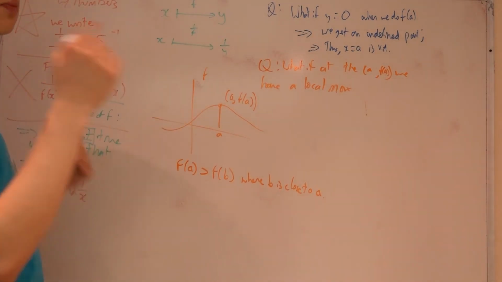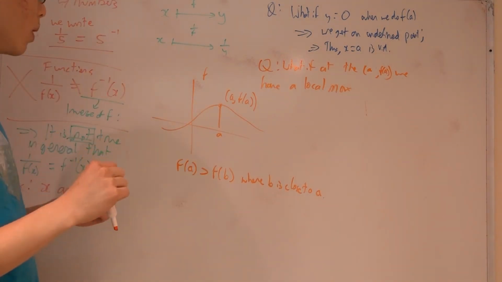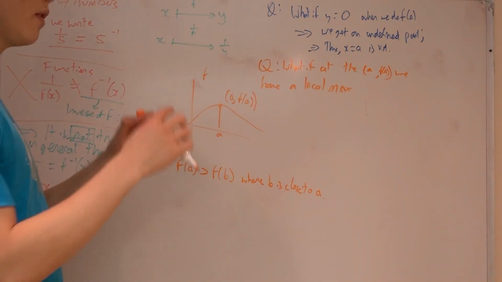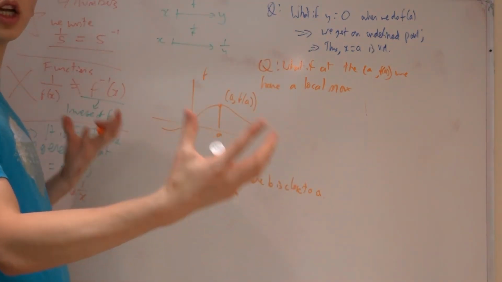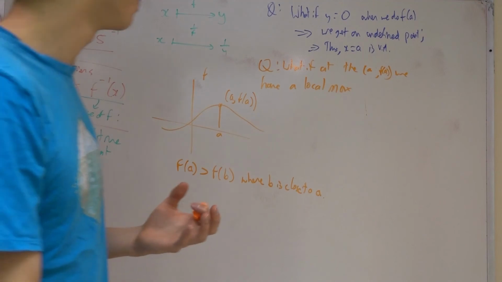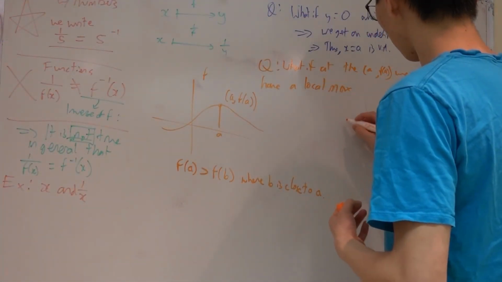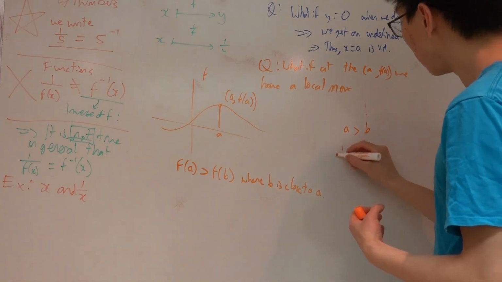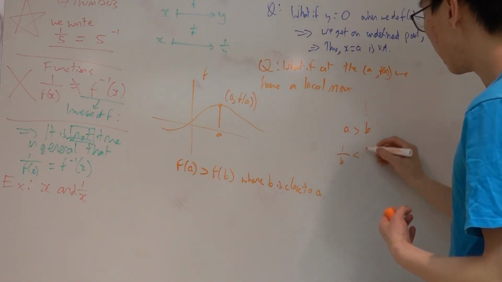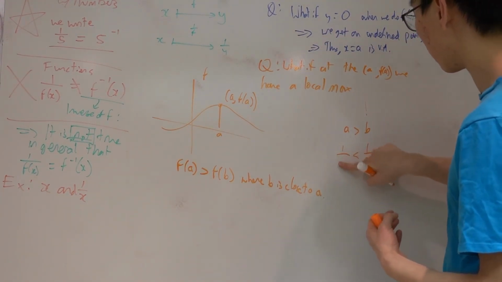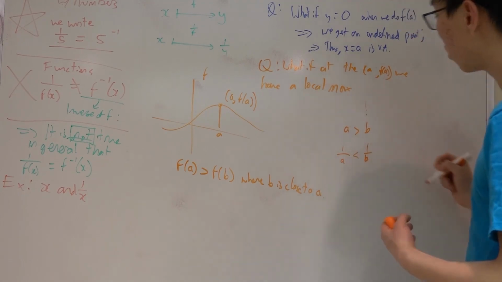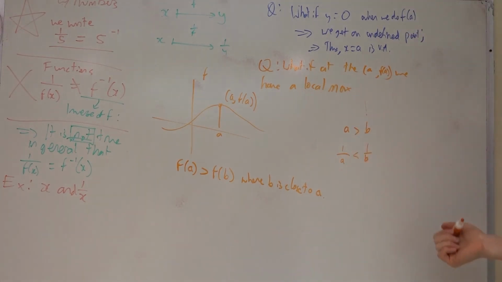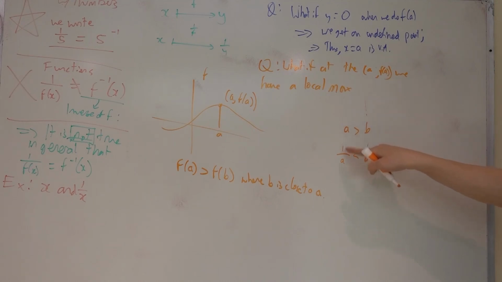When we take the reciprocal, what's going to happen? Well, remember, if you have a really big denominator, your number is actually smaller, right? So let's say a is greater than b. That means that if we do 1 over a, it will be actually less than, sorry, I'll switch it around. If we do 1 over a, it is actually less than 1 over b, because this is a bigger number, so its fraction is smaller, right?